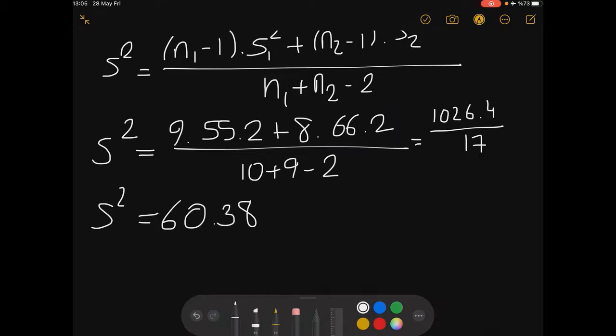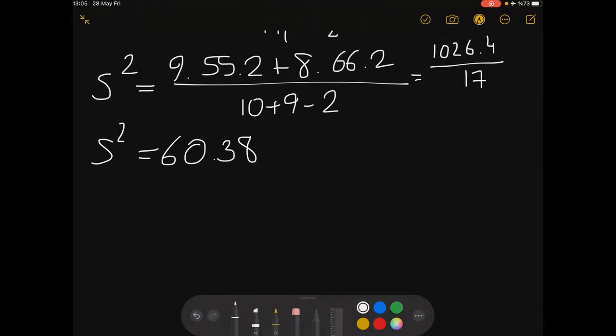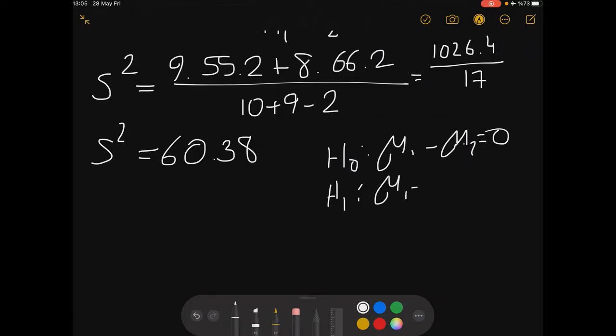Great. Now let's find our H0 and H1 hypotheses here. H0 is mu1 minus mu2 equals 0. H1 is mu1 minus mu2 is not equal to 0. This is how we build our null and alternative hypotheses.